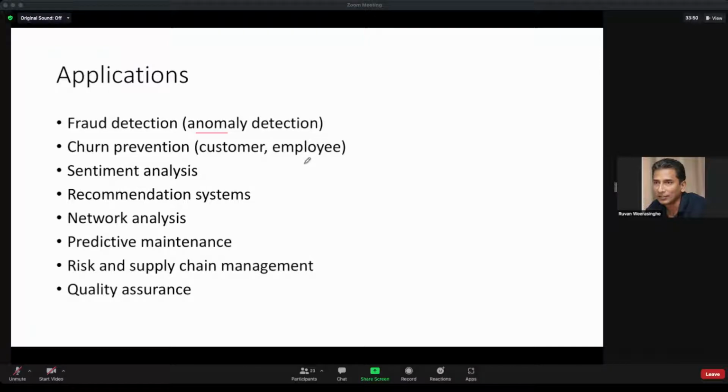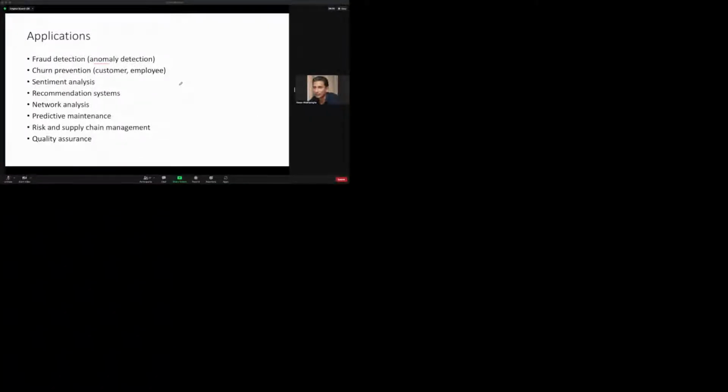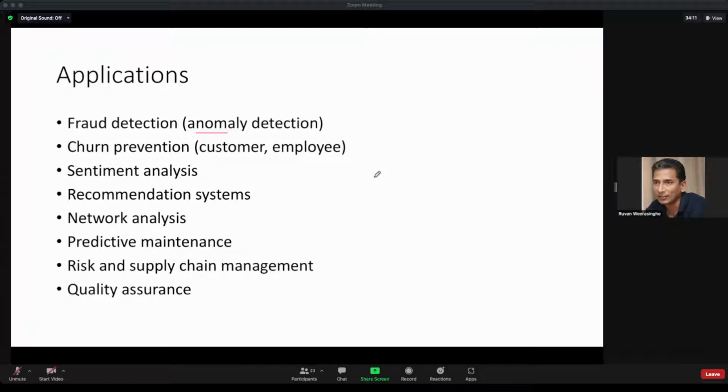Employee churn prediction is, of course, something that employers will be using on you, right? As you join your first workplace, they will try to figure out who's the next guy who's going to switch. Churn means, of course, switch, right? So you can switch loyalty if you're a customer to another brand or another supermarket or another service provider, or you can switch your workplace, right?